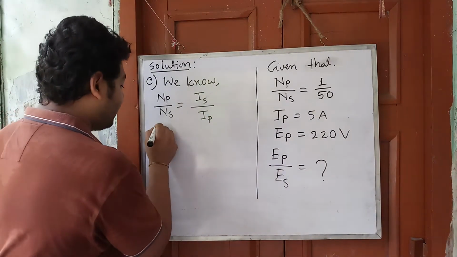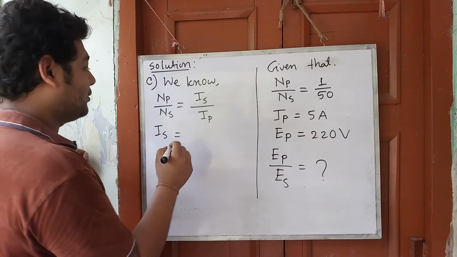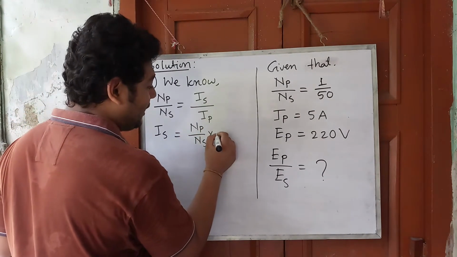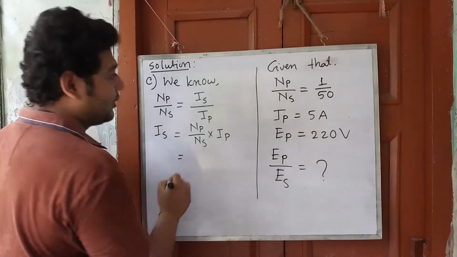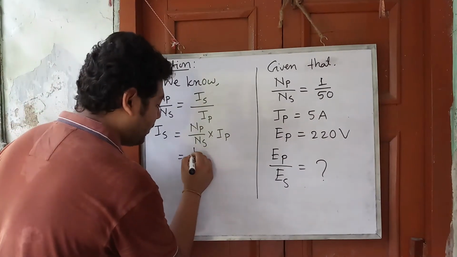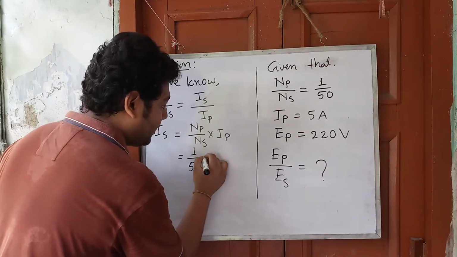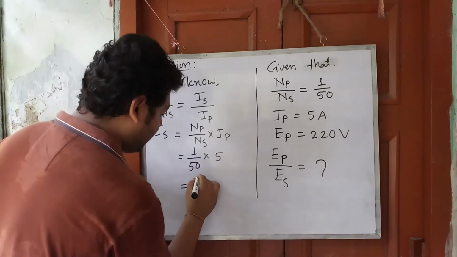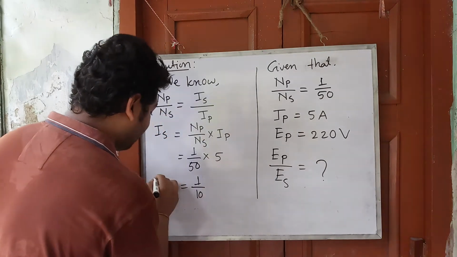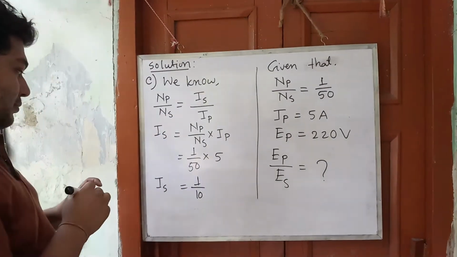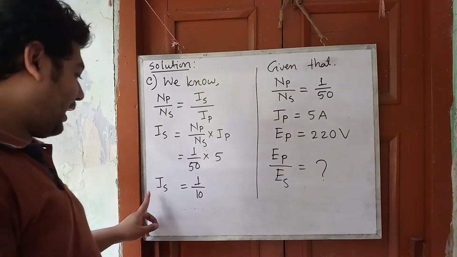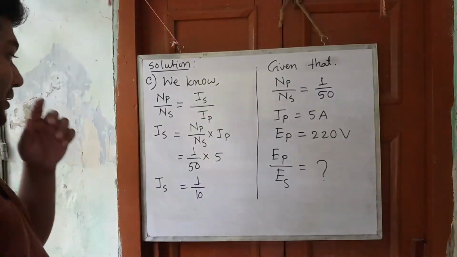So IS equal to NP by NS into IP. NP by NS is given as 1 by 50 and IP is 5. So we get 1 by 10. So our current for secondary coil IS is equal to 1 by 10.